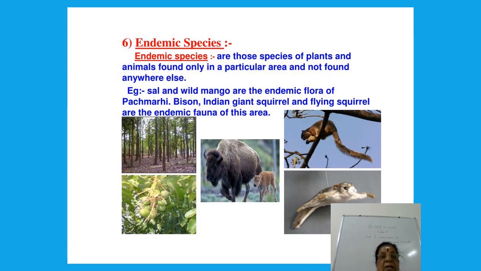Example, sal and wild mango are endemic flora of Pachmarhi, and bison, Indian giant squirrel and flying squirrel are the endemic fauna of this area. This is the flying squirrel. I hope you are able to follow this. So this is for the endemic species.